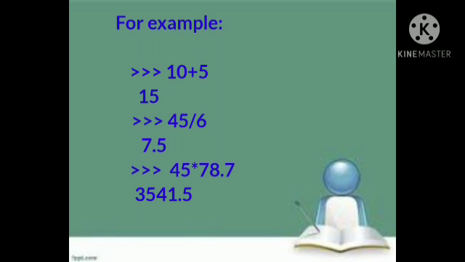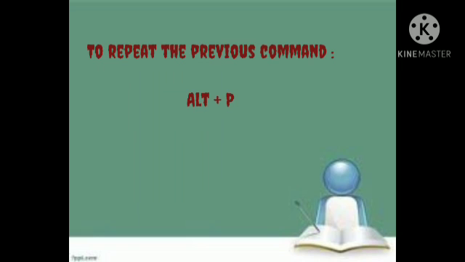Now you can see the third equation which I have given, 45 into 78.7, and we've got the result 3541.5. Okay, this is how we are going to do it in Python. Now to repeat the previous command, we can use the Alt plus P key combination.